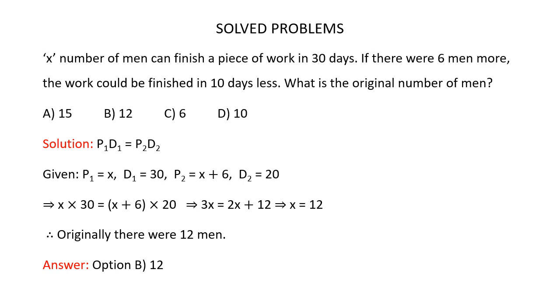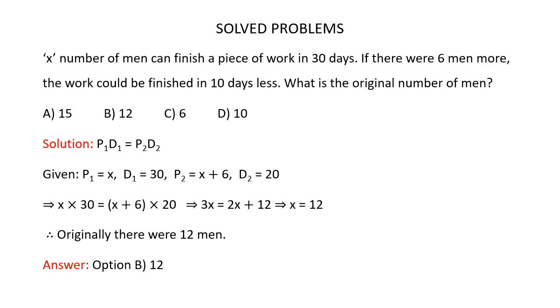Now, since here the work done is the same in both the cases, use the formula P1D1 is equal to P2D2. Here, P1, the number of men originally is X. D1, the number of days is given as 30.